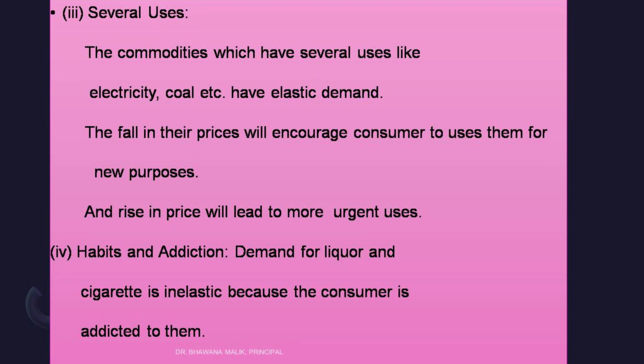And if the price rises from 50 to 60 per unit, then we will use it in a more urgent manner. If the price of electricity goes high, we use it on an urgent basis, but if the price goes down, we will try to use it for some new purposes as well. So if the commodity has several uses, it will have elastic demand.